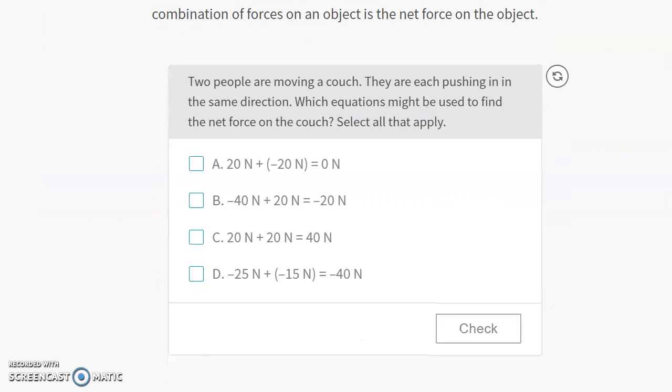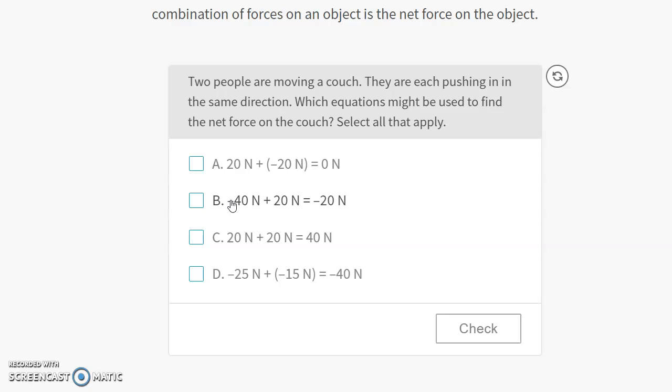Two people are moving a couch and they're both pushing in the same direction. Okay, at least it's in the same direction so they will move. All right, which ones apply for that? So 0 means that they're pushing in opposite directions, so we won't choose that. If they're pushing in the same direction, they're going to have the same sign. So we're in 8th grade. We remember last year's 7th grade math, we learned about negatives and positives.